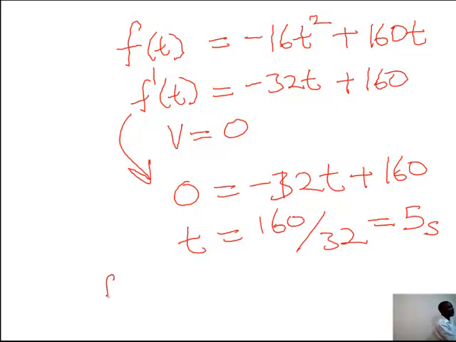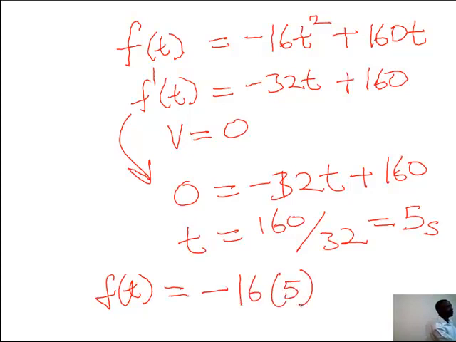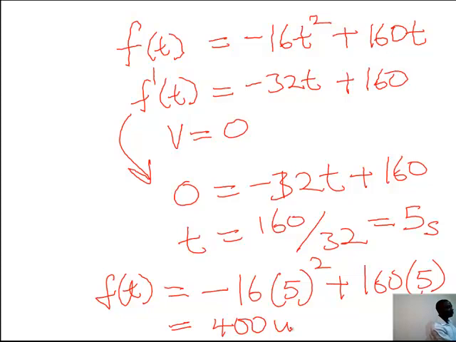That is, our f of t is now going to be minus 16 times 5 squared plus 160 times 5, which is going to give us our maximum height, which is 400 units. This is our maximum height.